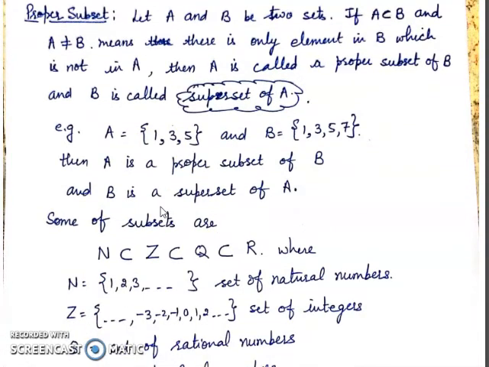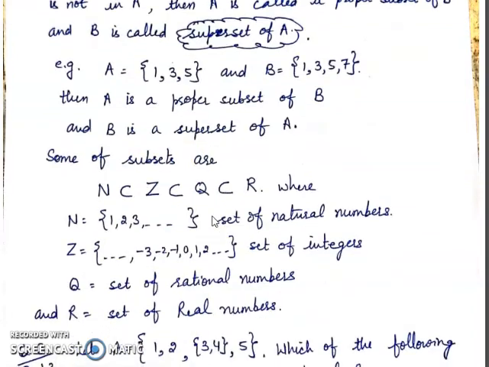Now, beta, in earlier classes, you studied the number system. N is the set of natural numbers 1, 2, 3, and so on.